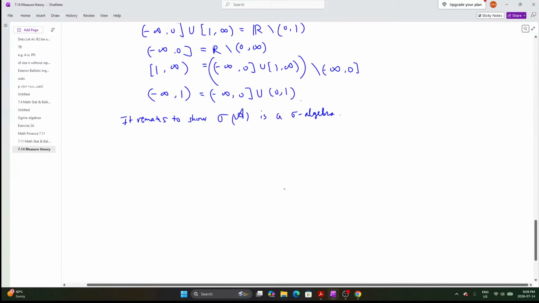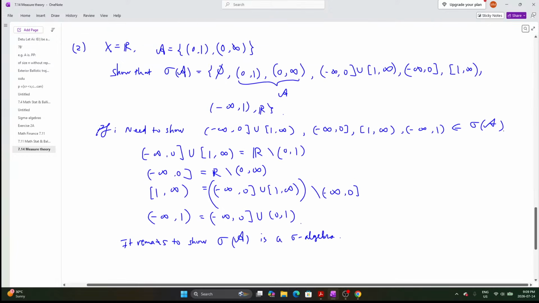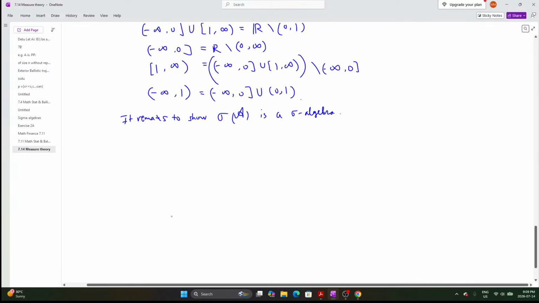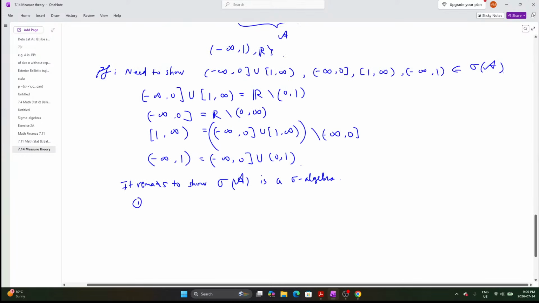Okay, so let me just finish this example as well as the proposition. I mean, the example relies on this proposition. So one, the empty set is in sigma of A, that's already done. Two, you need to check complement.